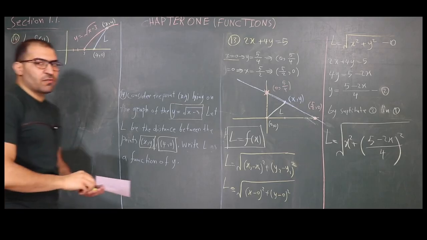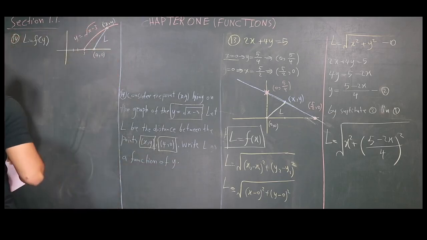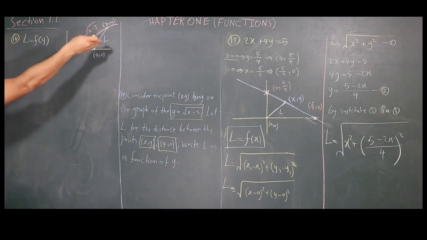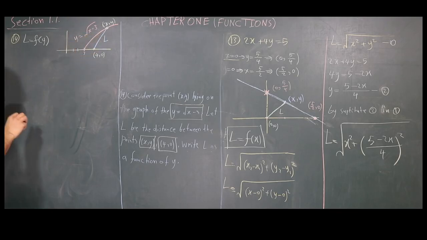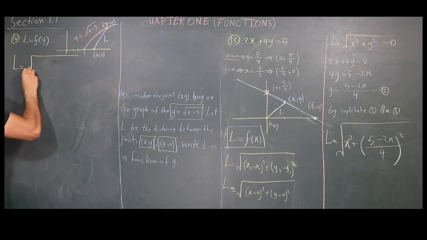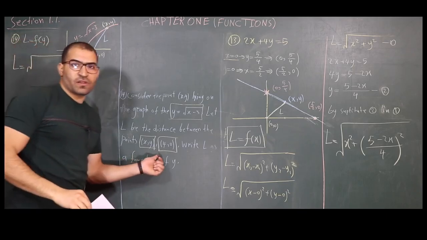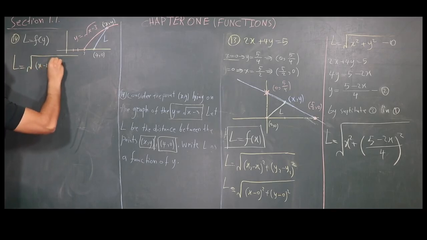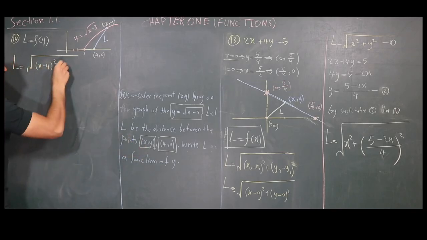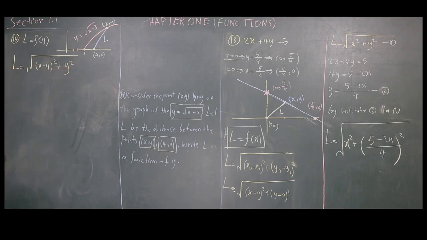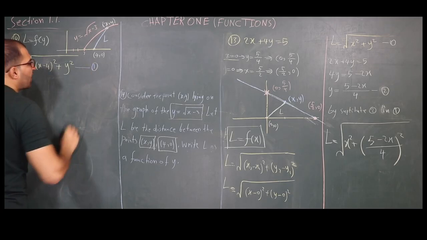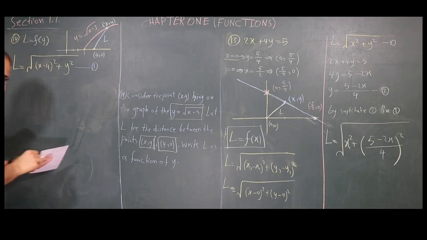I think it has become too easy to find the solution of such problems. The first thing we're going to write is the formula for L. So L will be the square root of the difference between these points, (x minus 4) all squared plus (y minus 0) all squared, which is y squared.